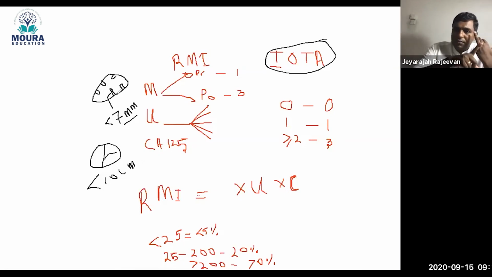Solid mass, multilocular more than 10 centimeter, papillary projection more than 4, ascites, increased vascularity. Those are 5 malignant features. Among these malignant features, if you have any one of these M features, then you have to manage as malignancy.